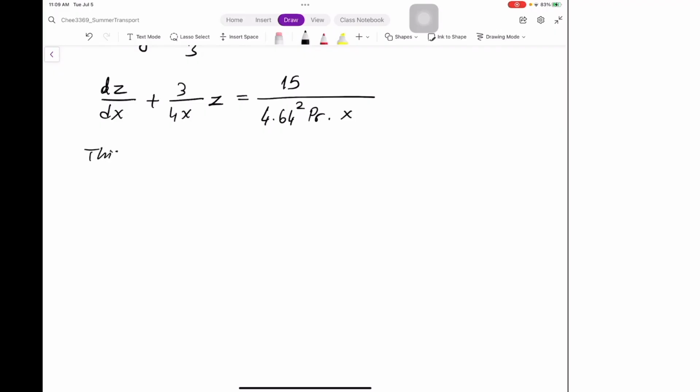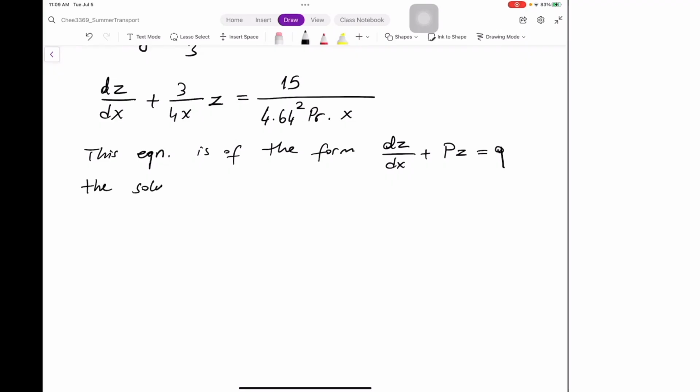This equation is of the form dz over dx plus some constant pz is equal to q, a function of z, so a function of x.